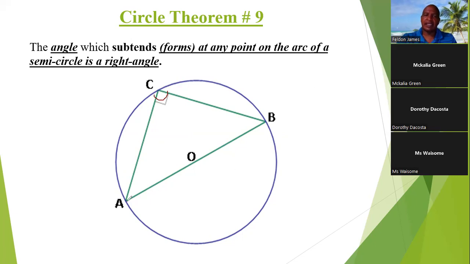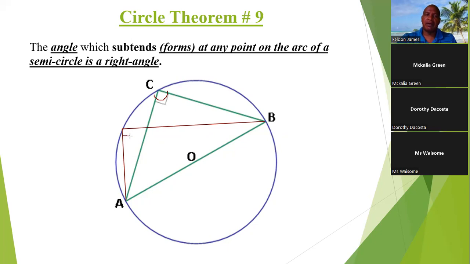So any angle that is formed within a semicircle at the circumference will give you a right angle. So if you should form another angle in here on the circumference, it will also give you a right angle. That's what the theorem is saying.